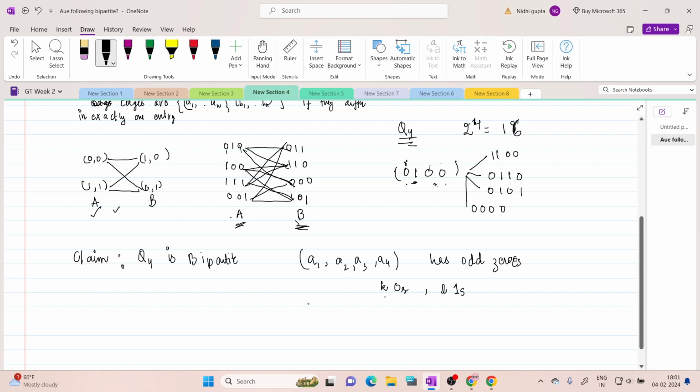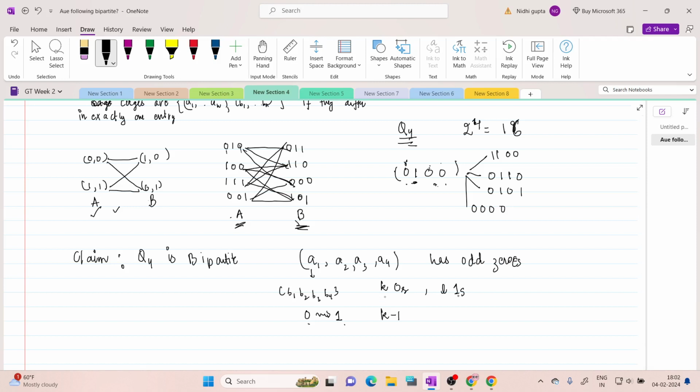If I am changing a 0 to 1, then it has k minus 1 zeros, because I am replacing 0 with 1, so I have one less 0.